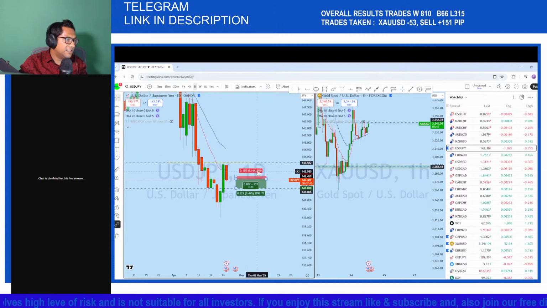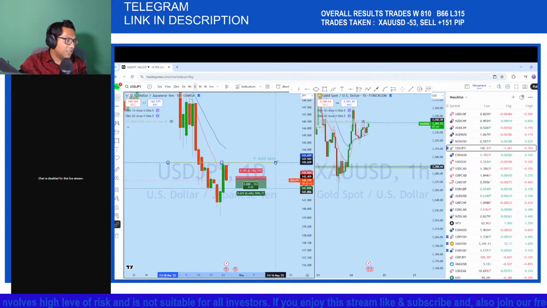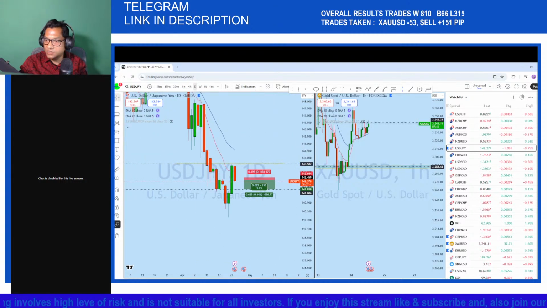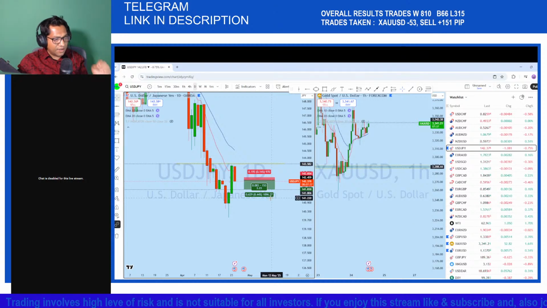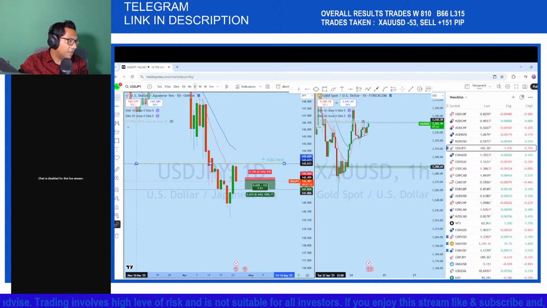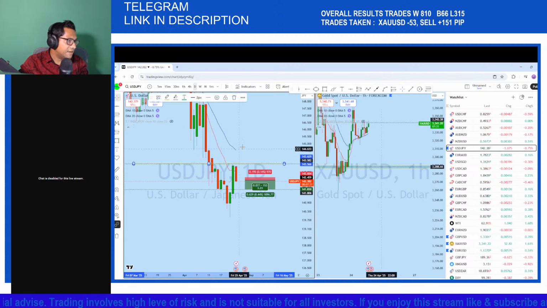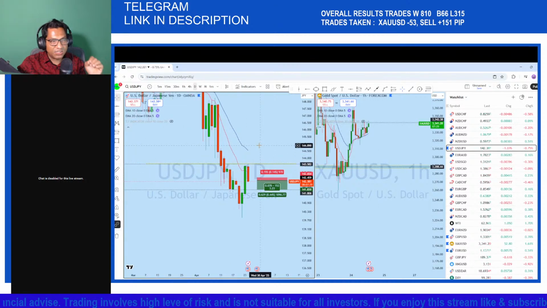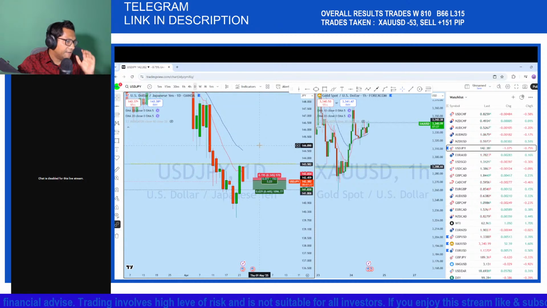Now why it is a key level and why today's price action is highly biased towards the downside, let's understand it. Today's dollar yen price is highly biased towards the downside, so let's look at why.